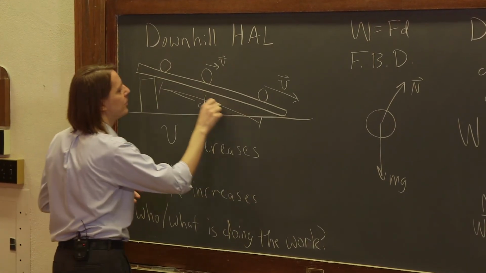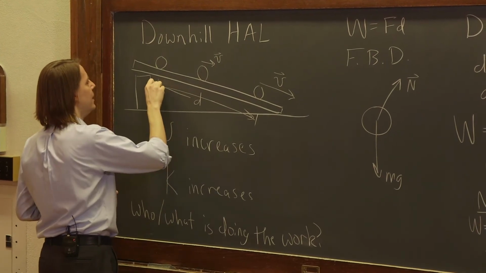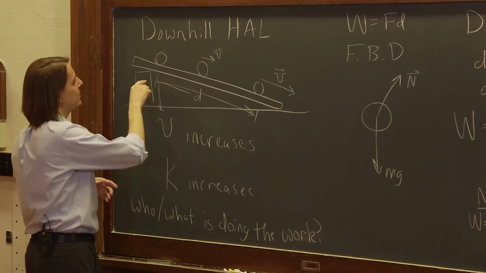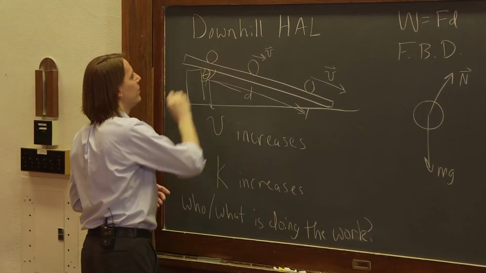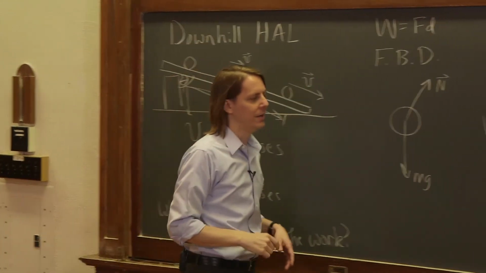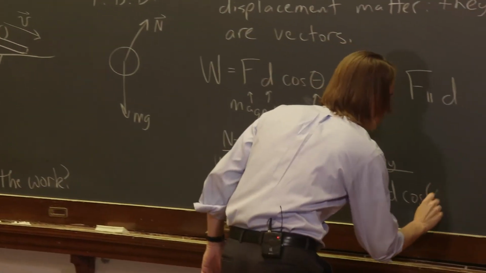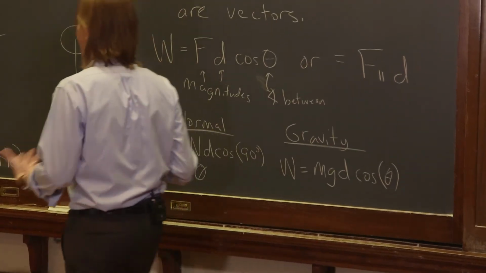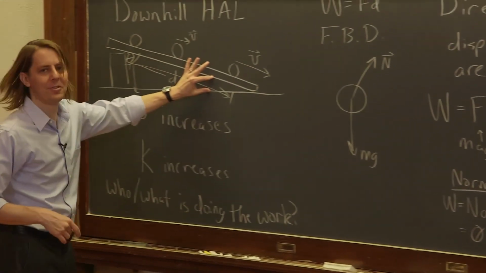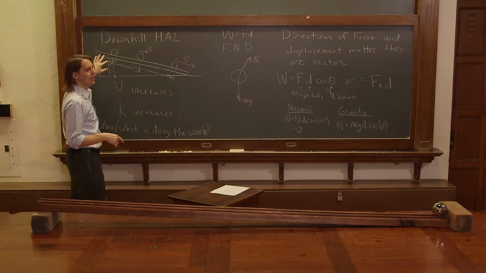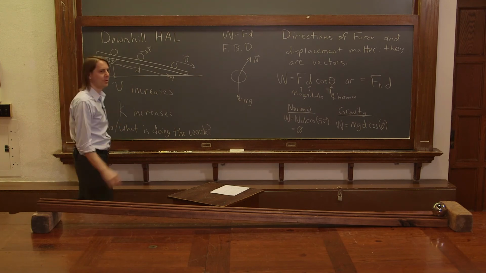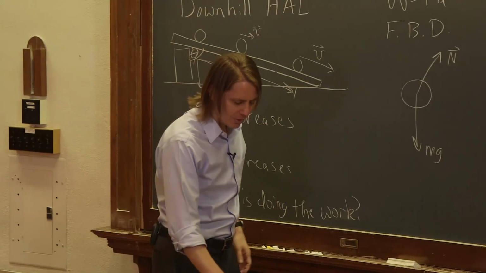Displacement really is a vector, and mg is down. It's actually this angle of the triangle. It's actually that theta. Usually when we set this problem up, we call this theta, but for this problem, this is theta. Or you could switch from cosine to sine. That would be confusing, so let's just keep calling it cosine.